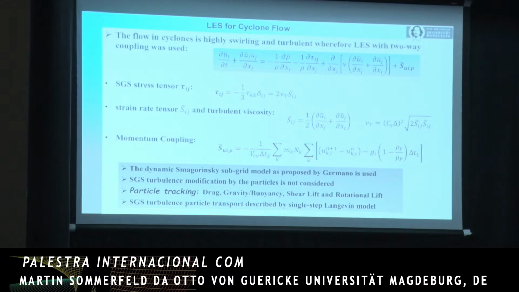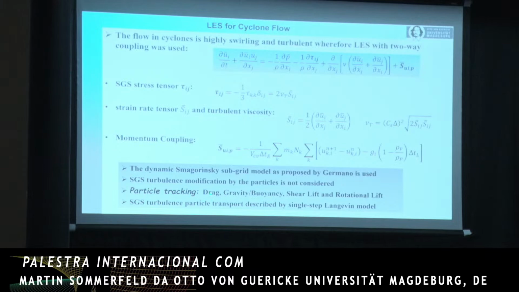We can easily do it for bubble-induced turbulence. Many people do that, but not for the dissipation. Then we, however, consider this SGS turbulence in particle tracking. If there is some time after lunch, I could show a few slides on this.